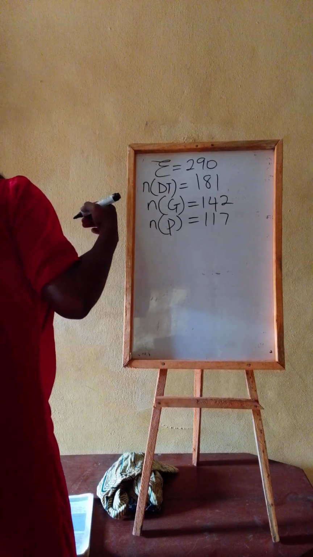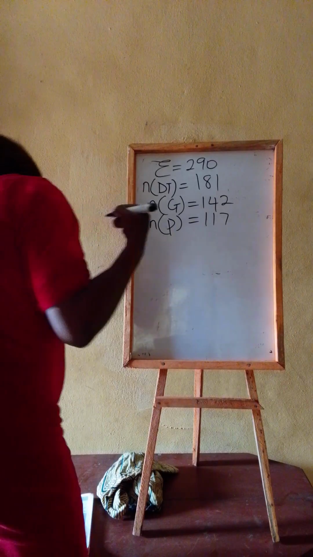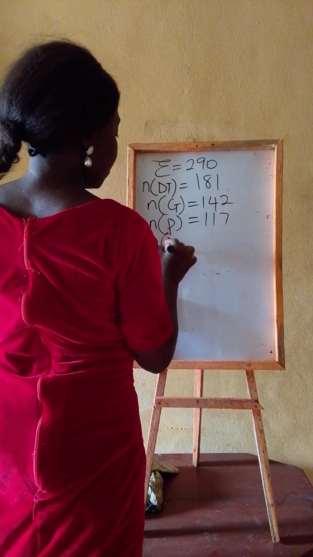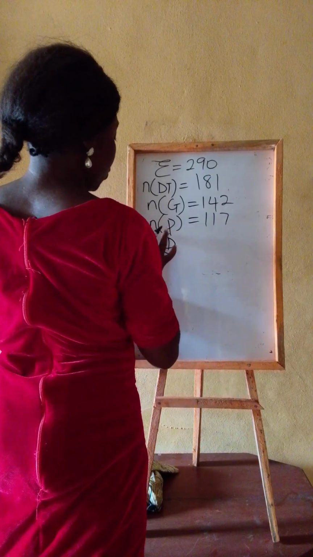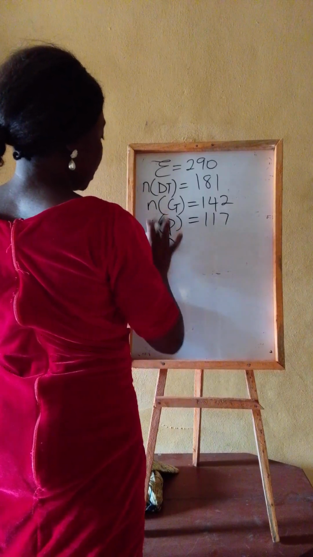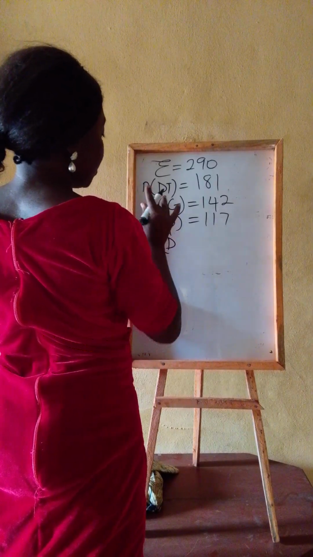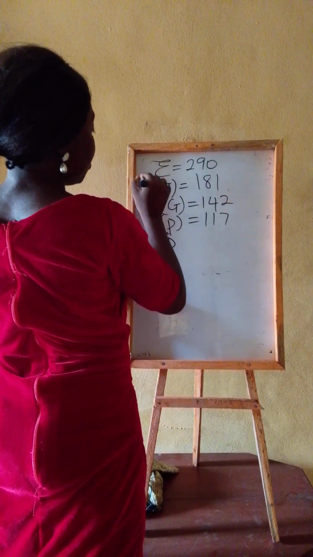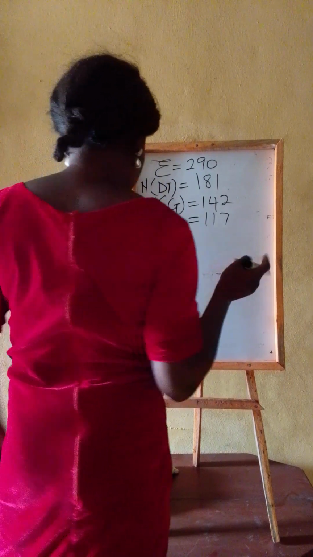So this is 75, read Daily Times and Guardian. So I'm using this capital N to represent number.